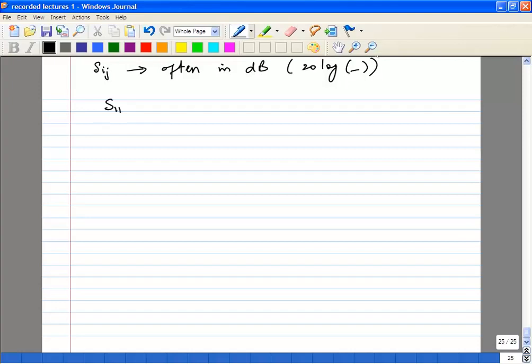And now you can define S11 is B1 over A1 when A2 equals 0, and this is VR1 over VI1, and this is often called gamma, which is the input reflection coefficient.